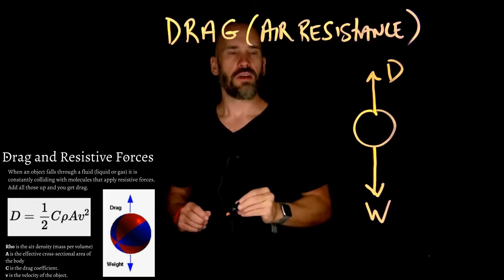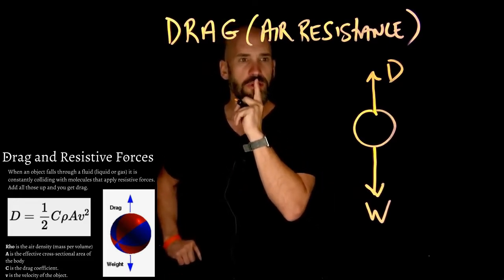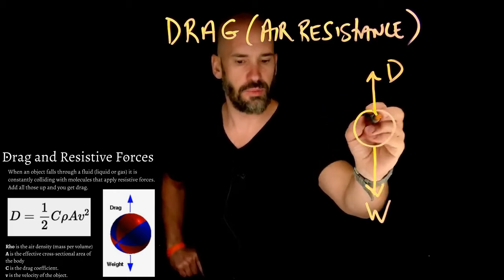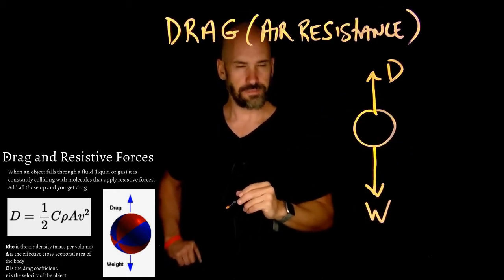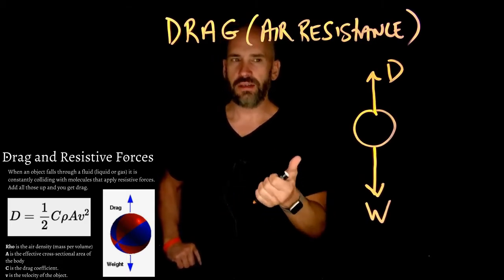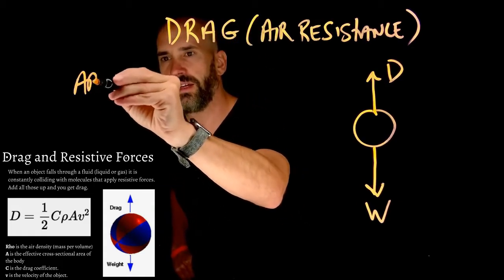Now, what do you think would contribute to how much drag or how much air resistance this little ball experiences? Well, possibly the bigger it is, so I'm going to say the cross-sectional area.